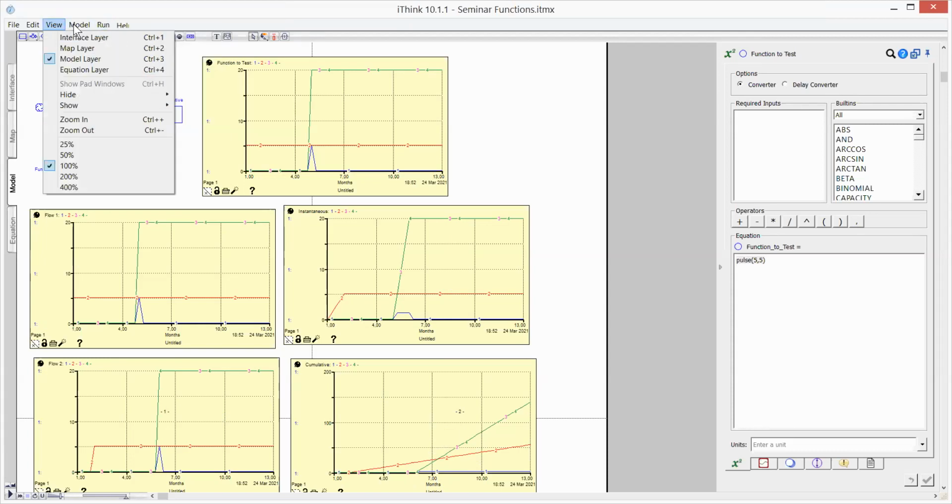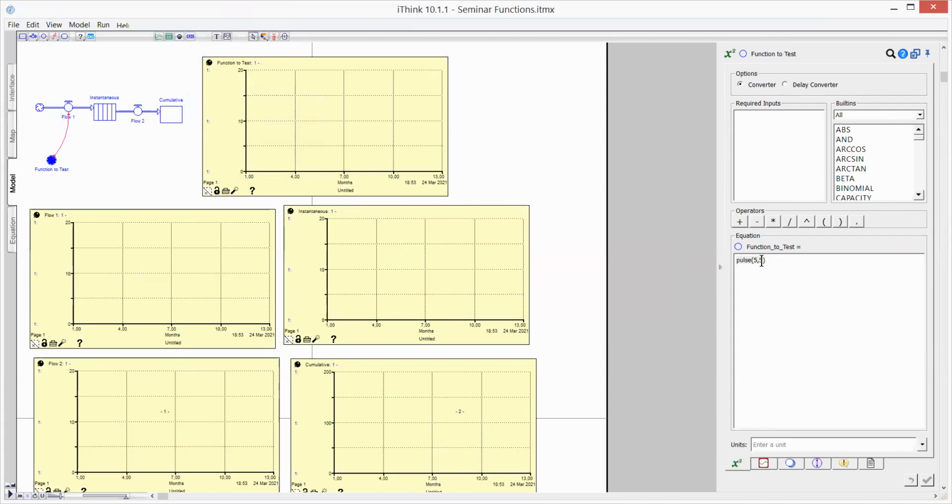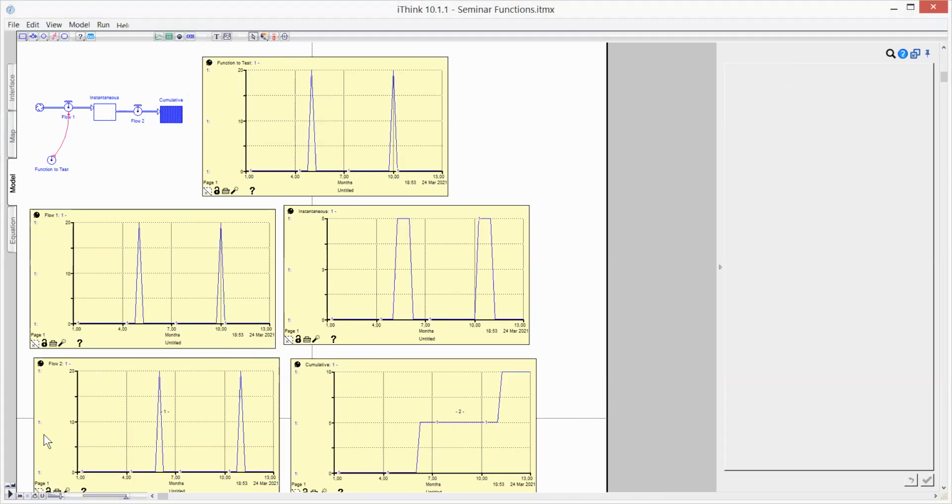I'm going to try and just get it clean, and let me try something else. I'm going to put in after 5 periods a pulse of 5, and then I'm going to delay for another 5. And let's see what happens now. Now we see an interesting behavior.